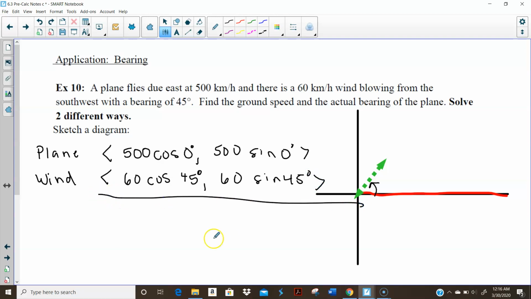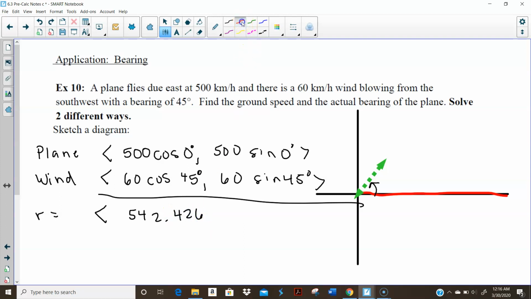In your calculator, you'll do 500 times the cosine of 0 plus 60 times the cosine of 45. And you're going to get this result of the two vectors added together. This is 542.426.